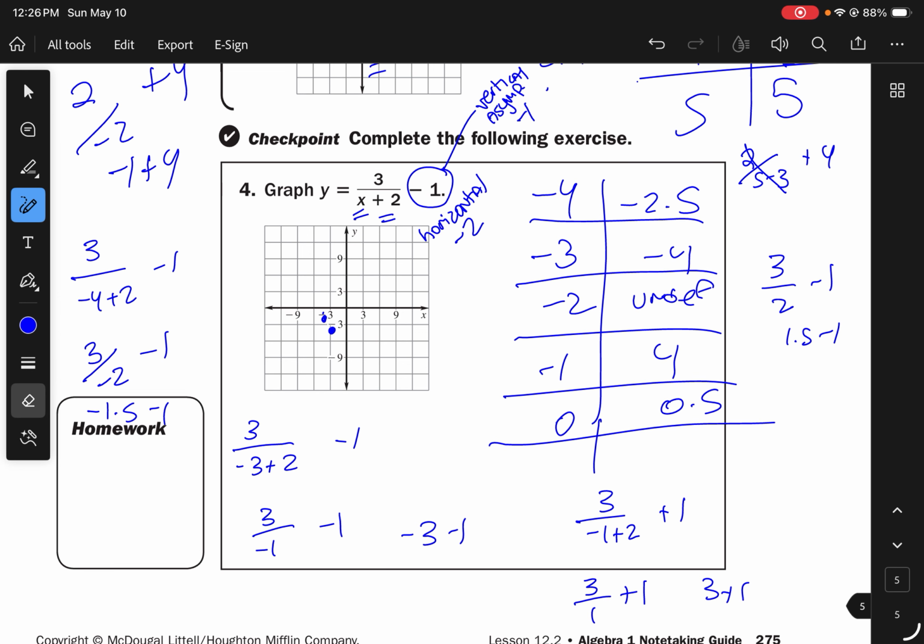So our horizontal, it's not going to touch y equals negative 2. And our vertical is not going to touch negative 1. So here it's not going to touch negative 1. And it's not going to touch negative 2.